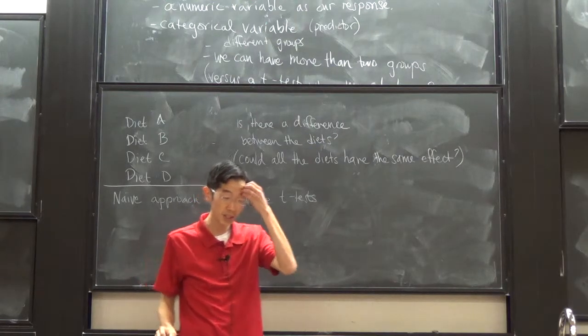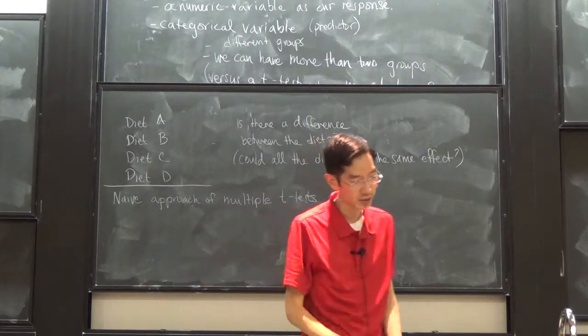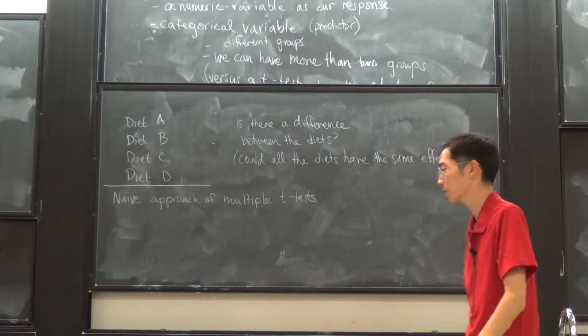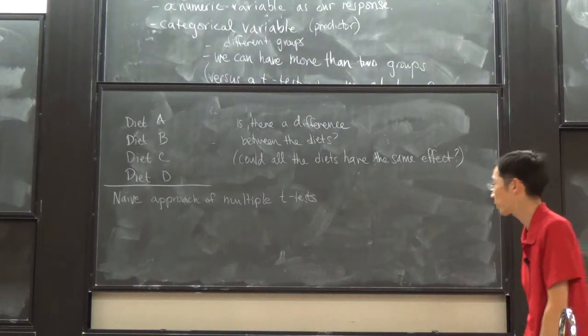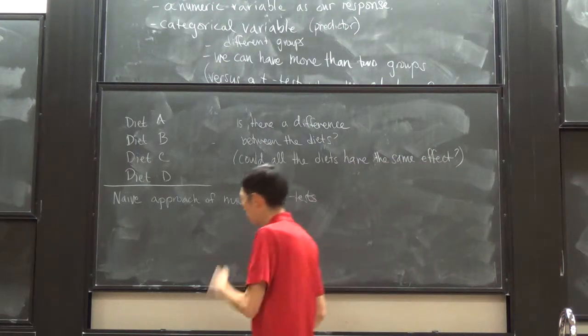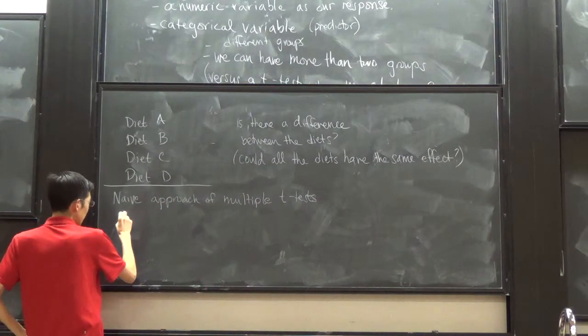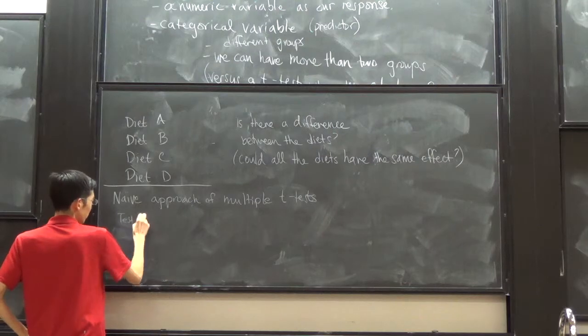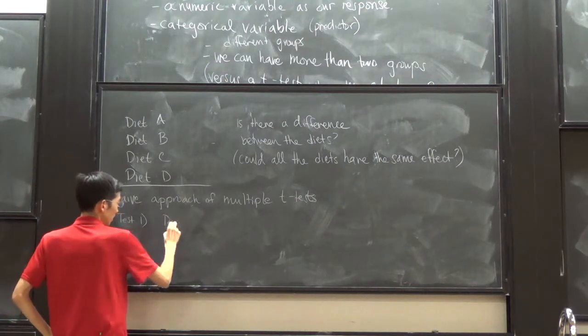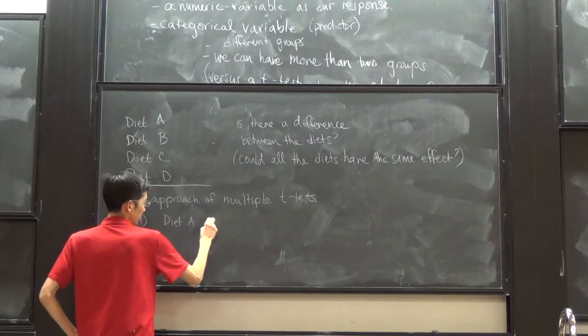And there's nothing inherently wrong about this approach, except we will encounter some problems here. So we could do multiple t-tests. So test 1 could be diet A versus diet B.